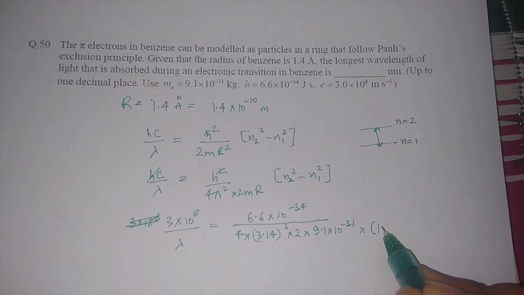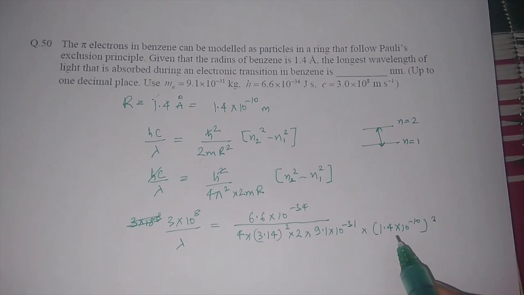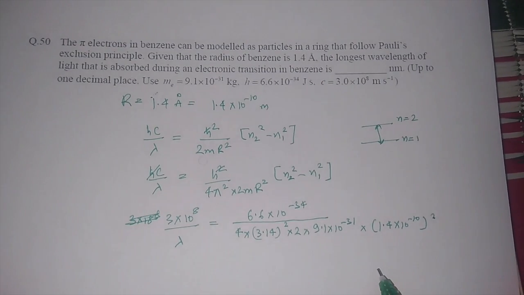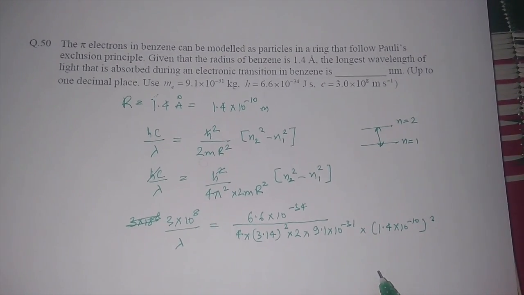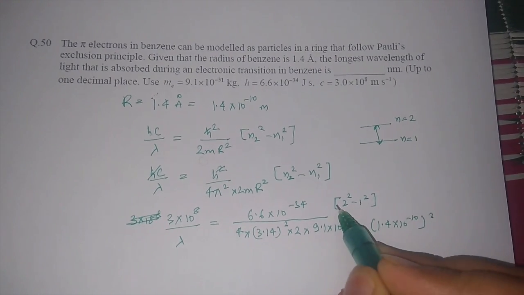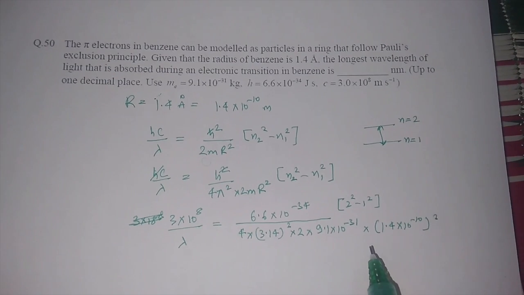R is 1.4 into 10 to the power minus 10, squared, because here it was a square, I just missed it. And in the numerator we have 2 square minus 1 square, because I have taken n2 as 2 and n1 as 1. I have already explained why.